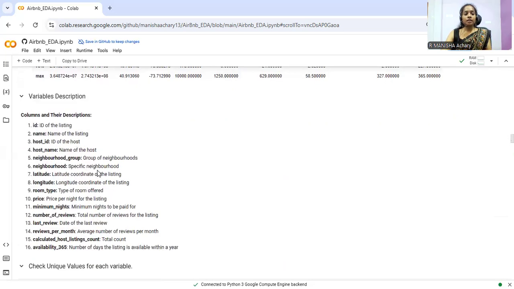Variable description: ID, the listing ID; name of the listing; host ID, the ID of the host; host name; neighborhood group; neighborhood, the specific neighborhood; latitude; longitude; room type; price; minimum nights; number of reviews, the total number of reviews for the listing; last review; reviews per month; calculated host listings count; and availability 365.